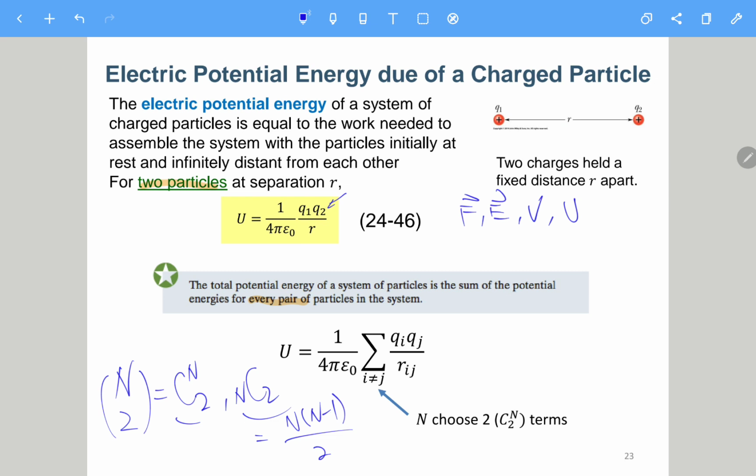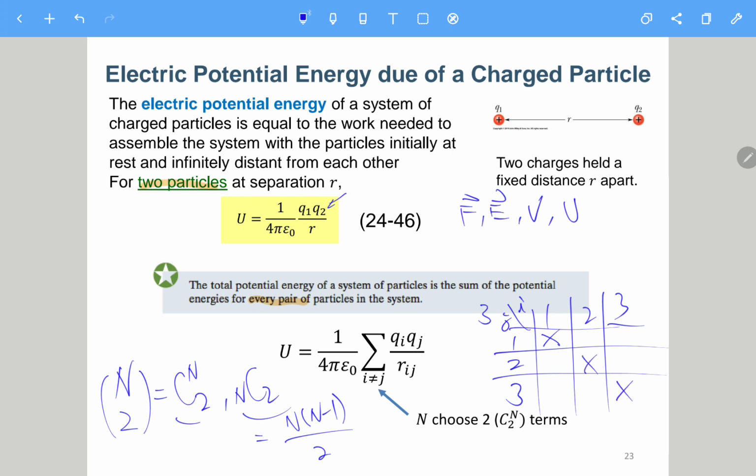For example, let's say there are three. This is i, this is j. So 1, 2, 3, and 1, 2, 3. In that case, 1 and 1 shouldn't have any potential, and 2 and 2, 3 and 3 also shouldn't. So you can choose either this triangle or that triangle.